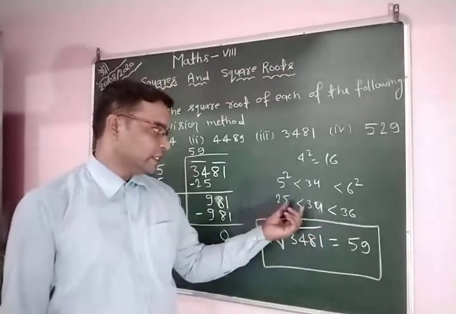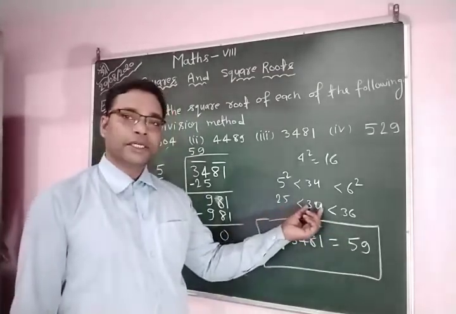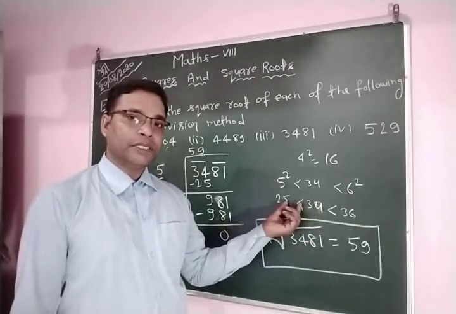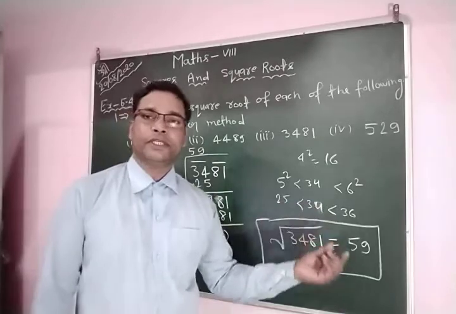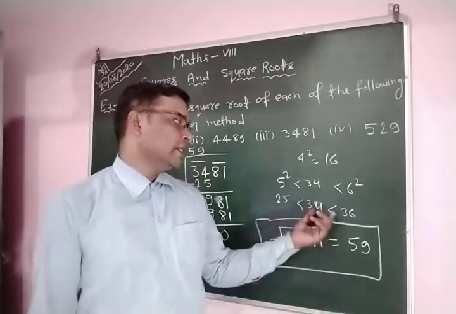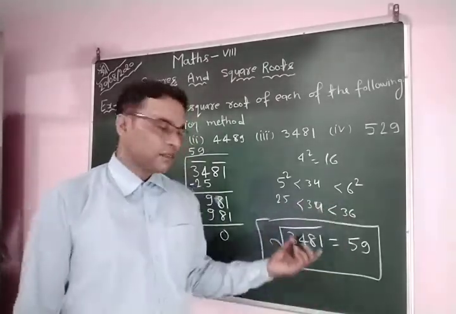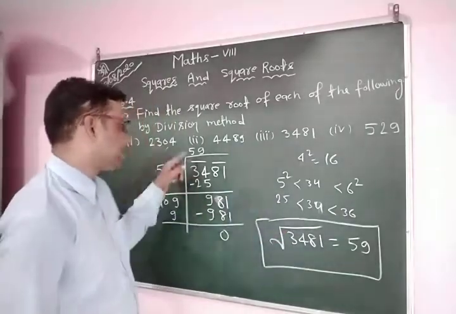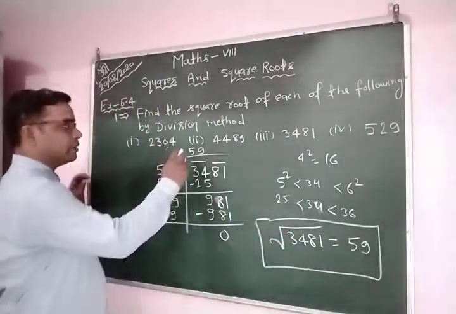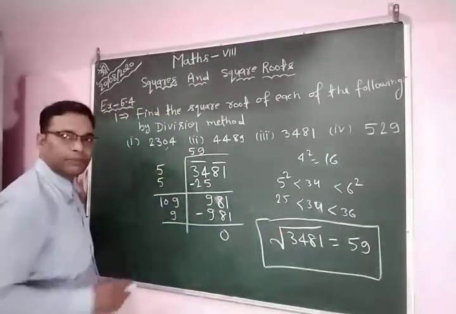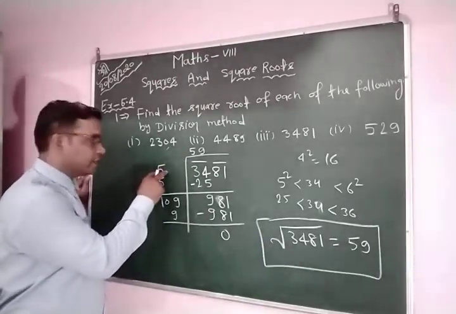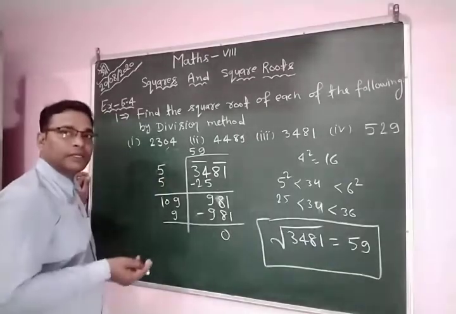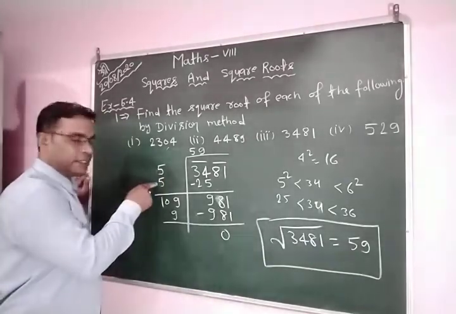So you can see here 34 is greater than the square of 5, that is 25, and 34 is less than the square of 6, that is 36. So we take 5. Write 5 in the place of quotient and 5 in the place of divisor, and another 5 below this 5.